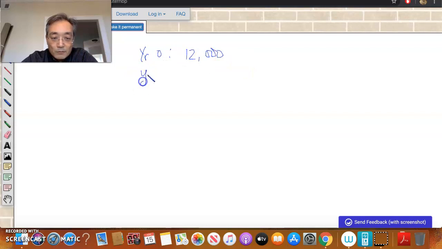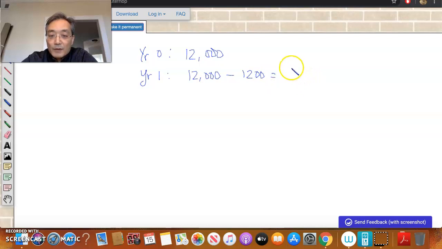What about year 1? Well, in year 1, he has lost 10%. So 10% of 12,000 is going to be 1,200. So he just lost $1,200 on his car.